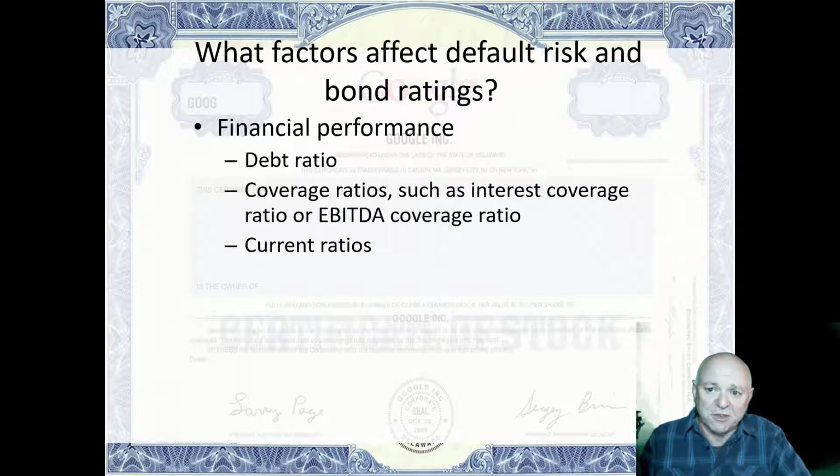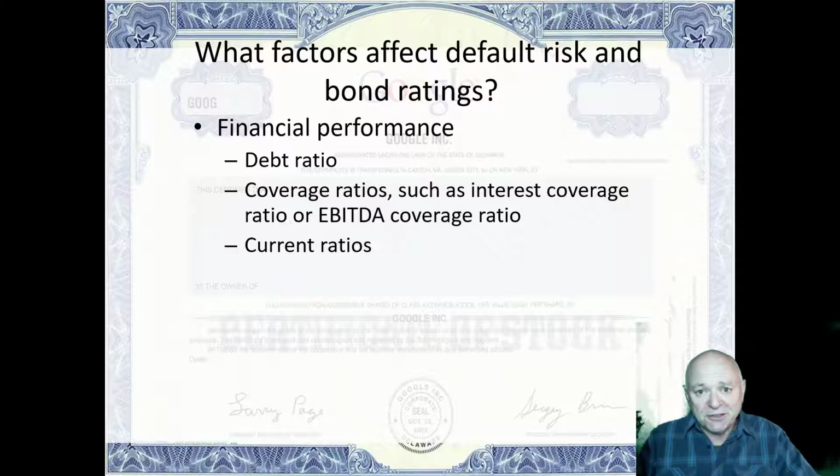There are many factors that affect default risk and bond ratings. Among these, we have important financial metrics that are commonly used, but in every situation, there is a specialized and bespoke method for rating and analyzing company credit quality, company debt. We see this not just with bond ratings, but also if you're working in a bank and you're analyzing corporate credit applications.